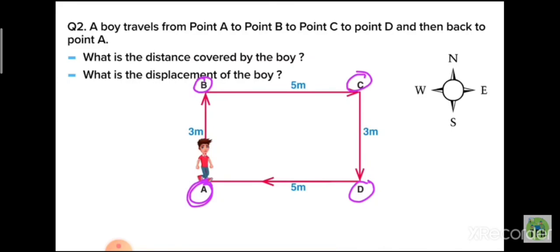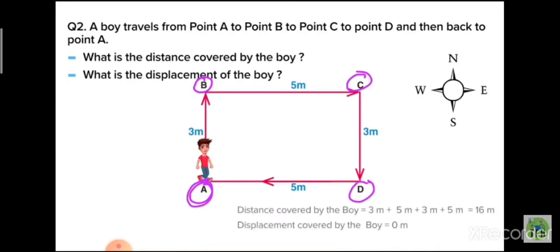You have to find out the distance and displacement. Your answer should be: distance covered by the boy is equal to 3 meter plus 5 meter plus 3 meter plus 5 meter is equal to 16 meter.